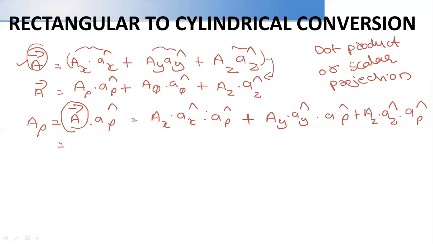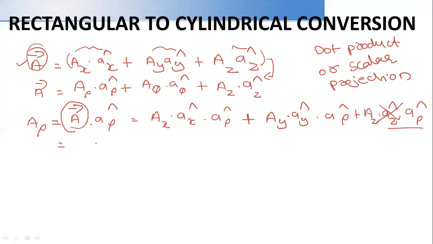Now what is ax dot a rho? Okay, leave that. What is az dot a rho? What is az dot a rho? What is rho zero? So az dot a rho becomes zero. That means this term we can cancel.